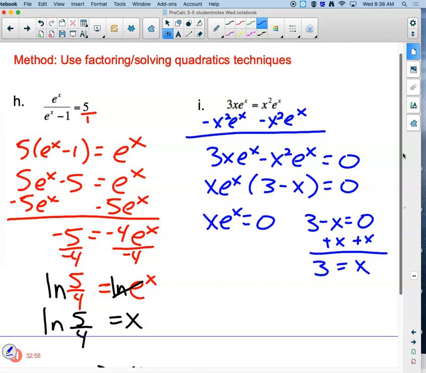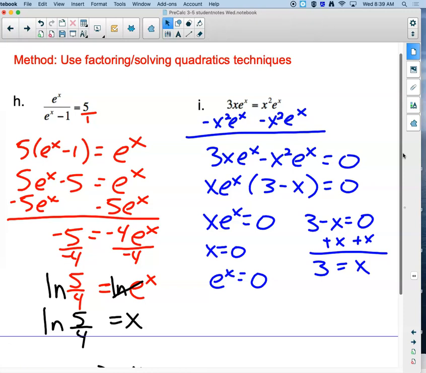And then over here, if we're going to solve that, we have to figure out how this would come out to be 0. Well, it could be that the x will be 0. That's a possibility, because then 0 times everything will give us 0. It's also possible that e to the x would come out to 0. Let's think about that one for a second.